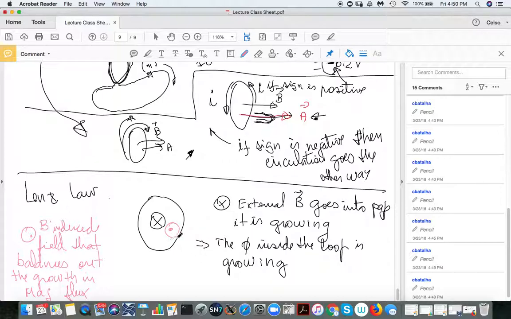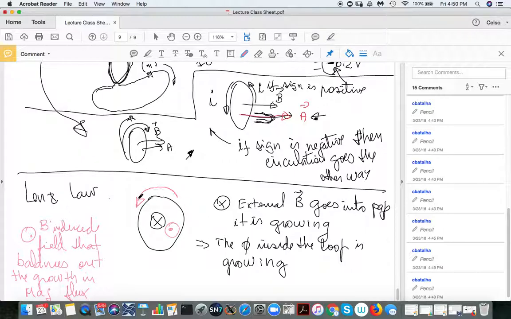So the loop itself is not external. The loop itself creates a current that generates a magnetic field of its own that will counterbalance this external growth. So the field is pointing outside. The question now is to figure out in which direction the current should flow so this field can be created.